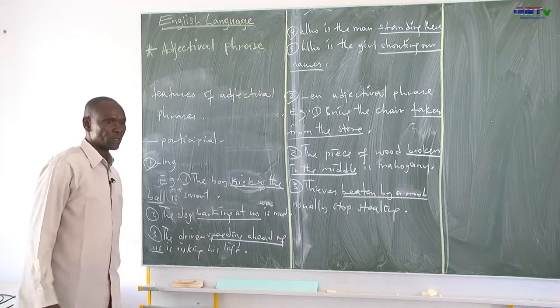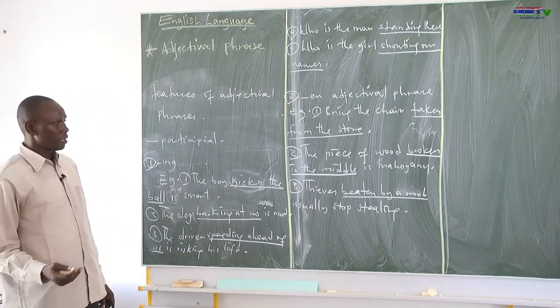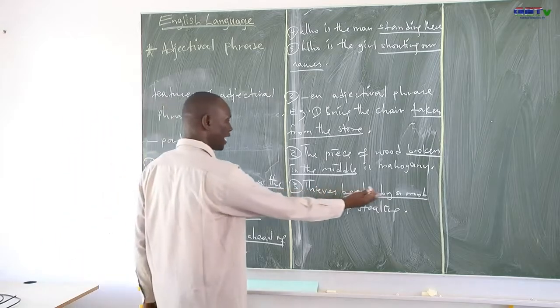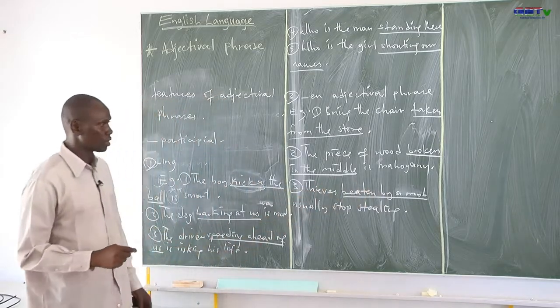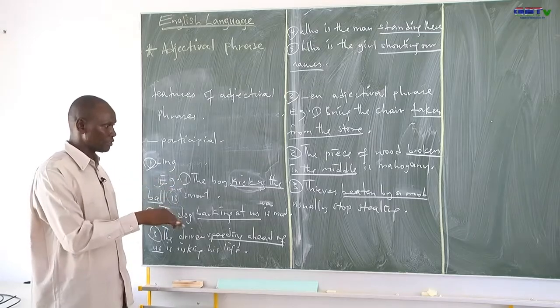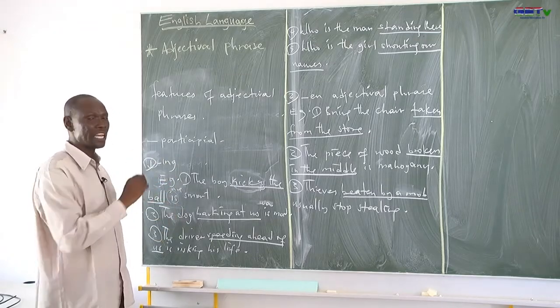You get the point. Now, by looking at this, thieves beaten by a mob, when you look at the role of this beaten by a mob, all that it does is to give us additional information about the noun thieves. In other words, it qualifies the noun thieves.